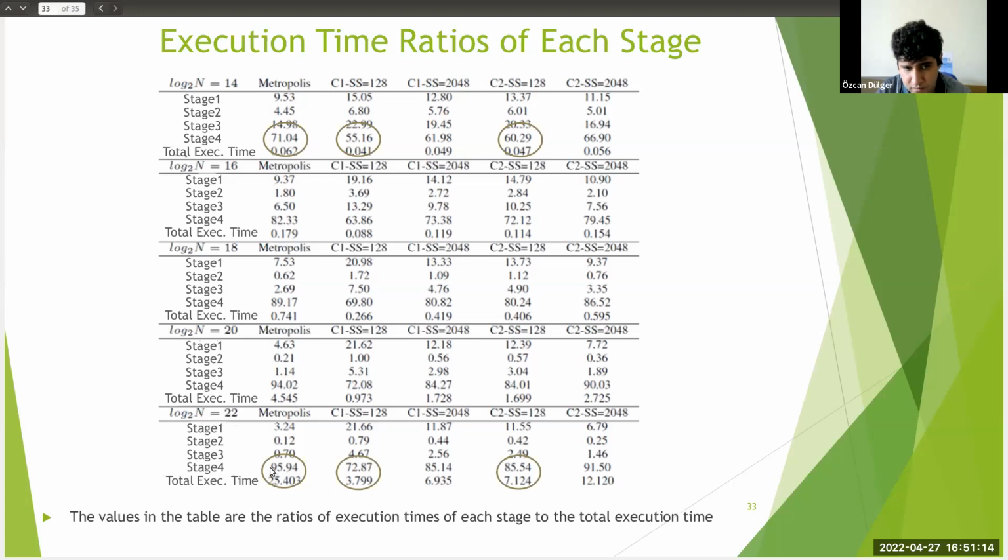When we check the result where the number of particles is 2^22, as you see, the ratio of execution time of stage 4 to the total execution time is 95%. This is very huge.